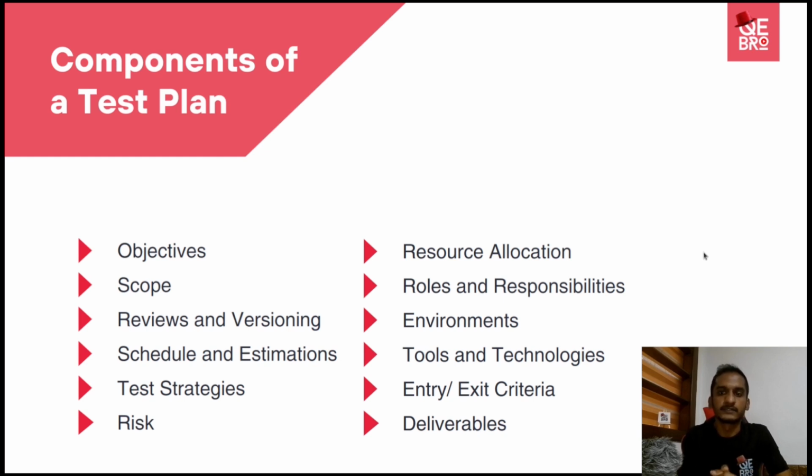Then when it comes to exit criteria, I will take some examples. Let's say we can have criteria like all the reported blockers and critical bugs should be fixed before releasing. Or else we can have another criterion like at least 90% test coverage needs to be achieved. That is not the pass-fail count, but how many test cases were covered.